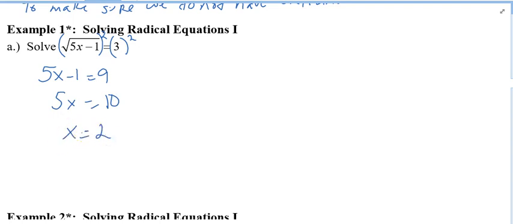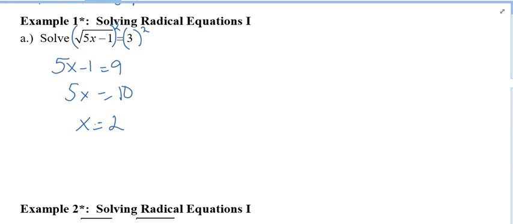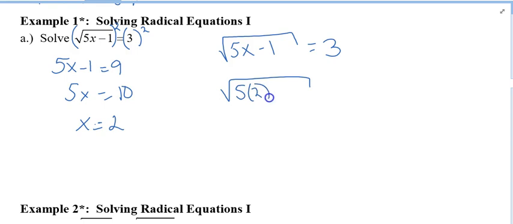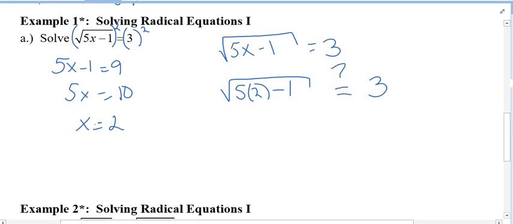So it looks like everything is okay. We want to check that answer to make sure it is not an extraneous solution. So I'm going to start by rewriting the original, which is the square root of 5x minus 1 equals 3. And I'm going to check it by plugging that x back in. So I've got the square root of 5 times 2 minus 1 equals 3. And I'm going to put a question mark right there because I'm trying to see if that actually is the correct answer. So let's solve it out.